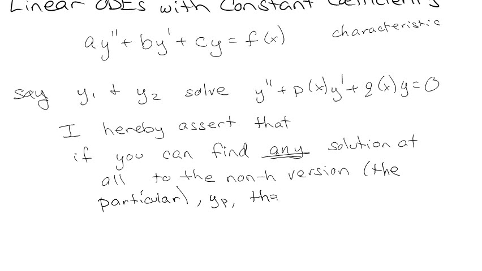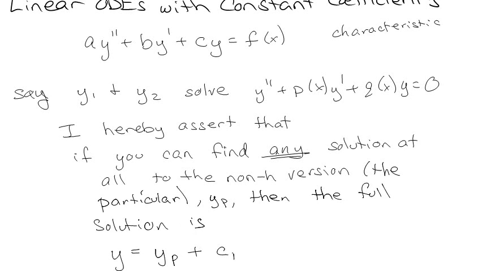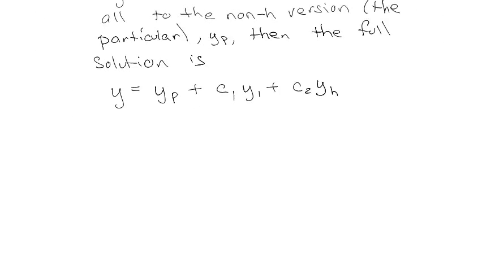Then the full solution is y equals y particular plus a linear combination of the two homogeneous solutions, c1 y1 plus c2 y2. Okay? Ish? Kind of? All right, well, let me prove it, because might as well.